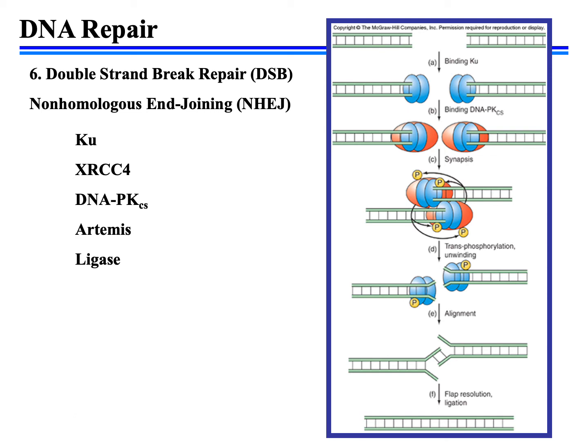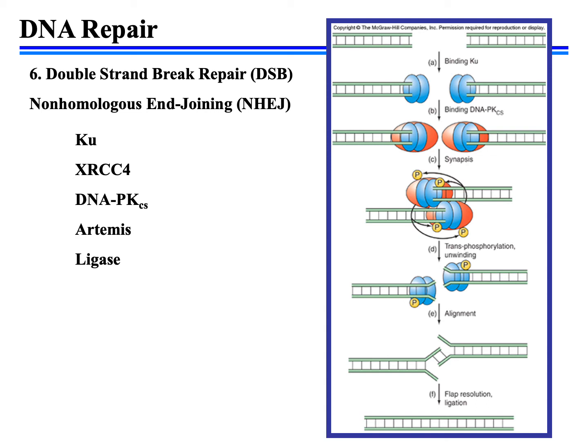Now, as you can see from this figure, it is a pretty complex mechanism that involves a number of different enzymes. The first enzyme set that I want to talk about is known as Ku, and it's actually a heterodimer, meaning that it has two functional components that are slightly distinct from one another.